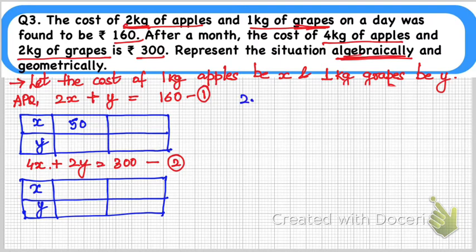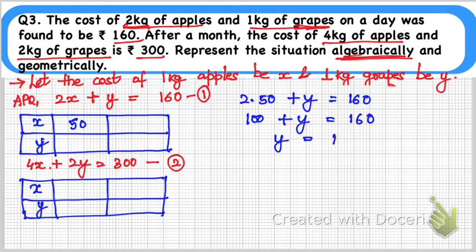So what I will get: 2 into 50 plus y will be equal to 160. So 100 plus y will be equal to 160. So y will be equal to 160 minus 100, that will give me 60. So y is equal to 60.